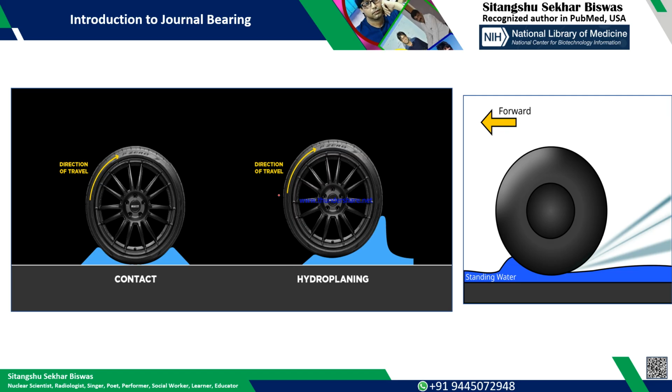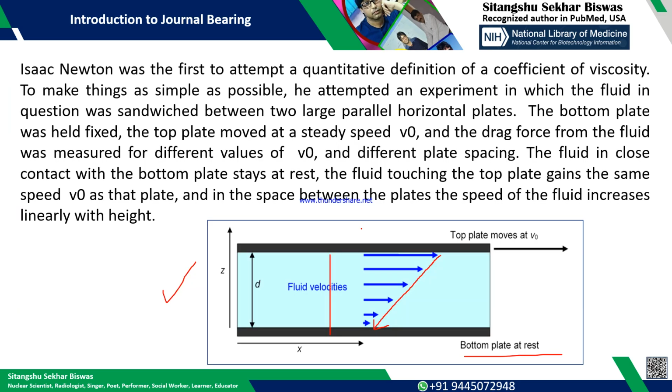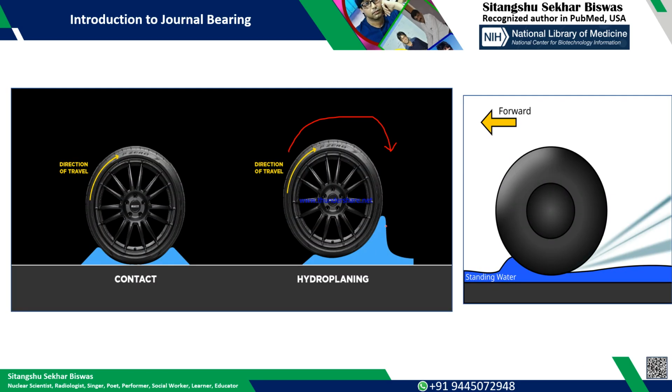Say your tire is rotating in this direction. Due to the viscosity, the same as in the earlier picture I showed you, the water which is just stuck to the tire has a higher velocity.